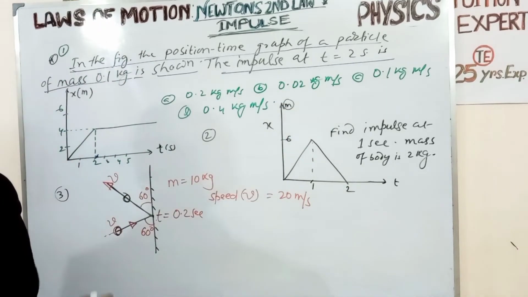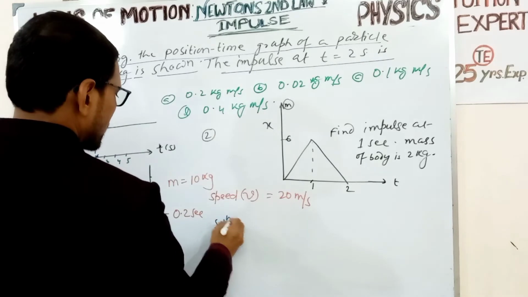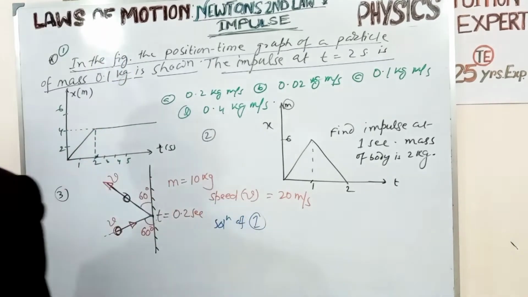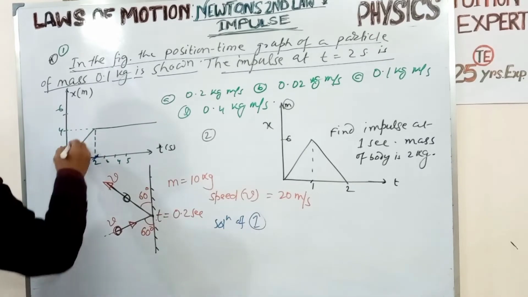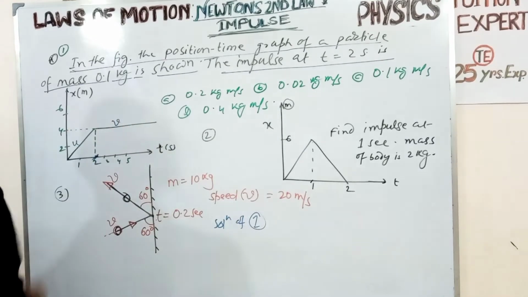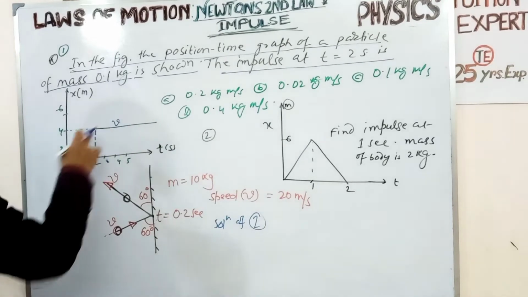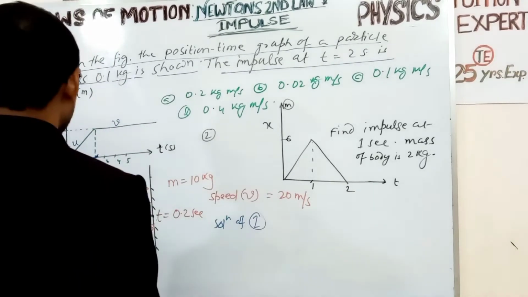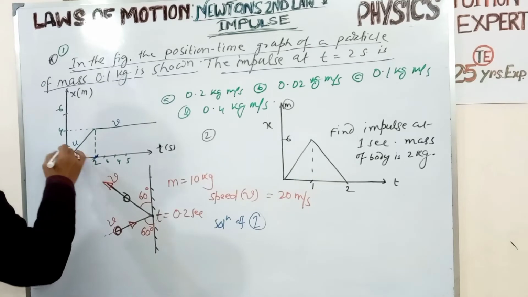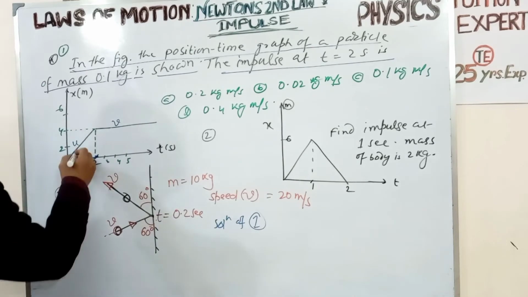Now solution of problem 1. In this, at 2 seconds, initial velocity and final velocity, two velocities are to be calculated. Initial velocity: we know slope of the x-t graph, the position versus time graph, equals velocity.